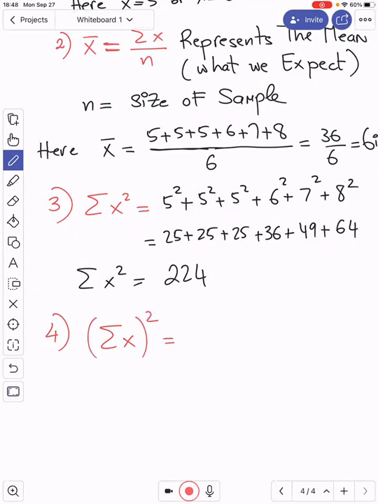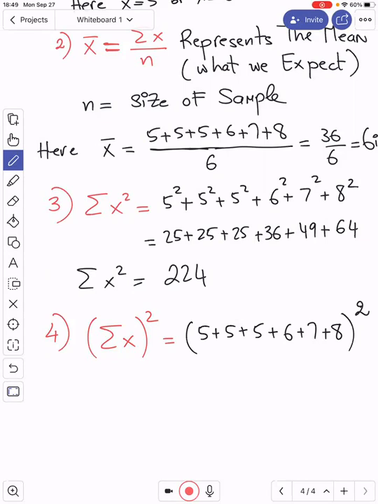In number 4, we take the sum of the data values, and then we take the square. So it's 5 plus 5 plus 5 plus 6 plus 7 plus 8, and once you do the sum, then you take the square. Don't forget your PEMDAS rule, guys.